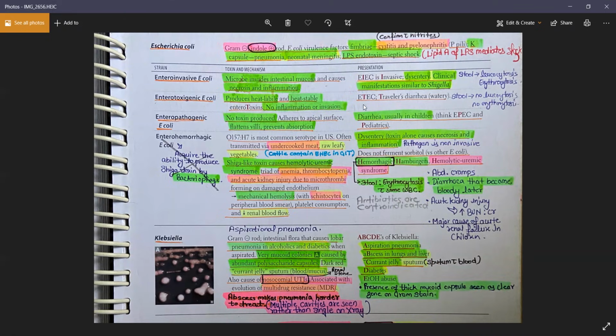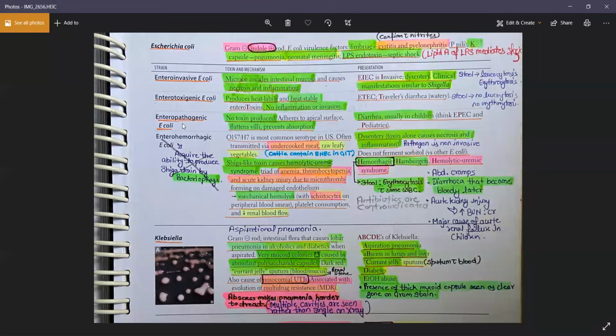Remember, the chloride secretion would be increased in case of heat labile toxin, cyclic AMP, and the absorption of the chloride would be decreased in case of heat stable toxin, which is your cyclic GMP. And they will cause a traveler's diarrhea, the enterotoxigenic E. coli. So because you are not having any kind of inflammation, no leukocytosis would be seen, and you're not having any bloody diarrhea, so there won't be any erythrocytosis.